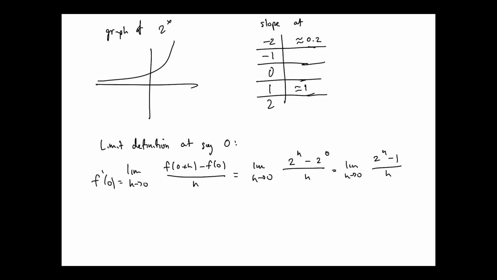Come on, wake up, guys. All right. What'd you get at -1? Like maybe a half-ish? And at 0, what'd you get at 0? Slightly less than 1.